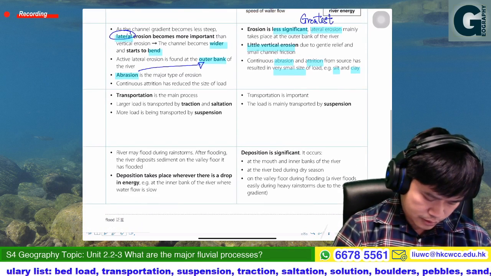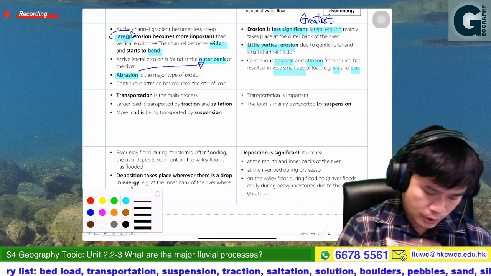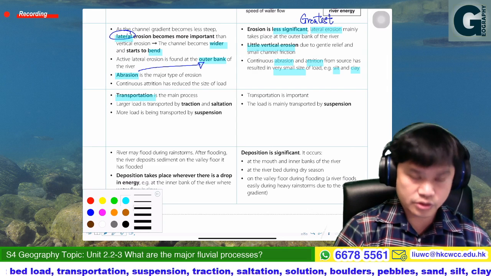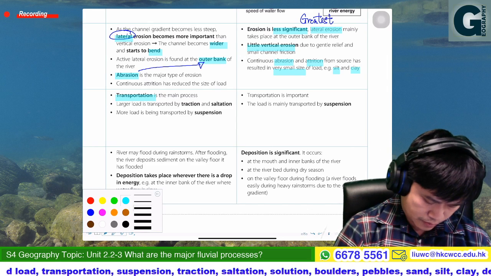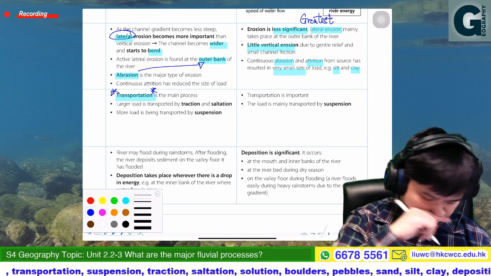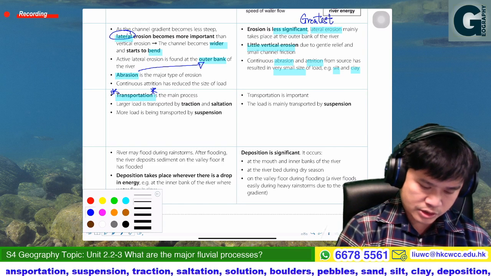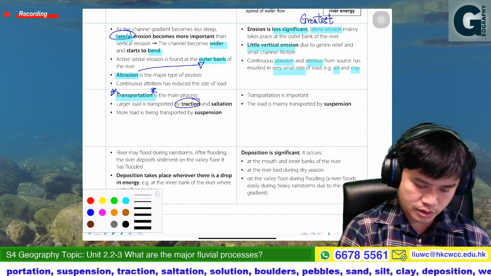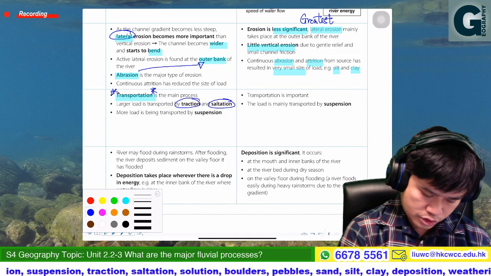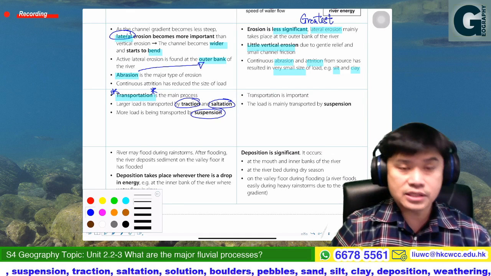Then transportation. In middle course, transportation is the main process. Mark a star for that. Transportation is the main process. So larger load is transported by traction and saltation. Finer load is transported by suspension.